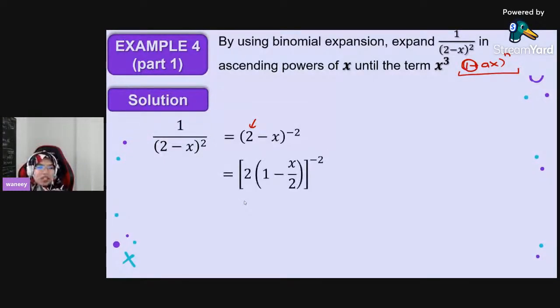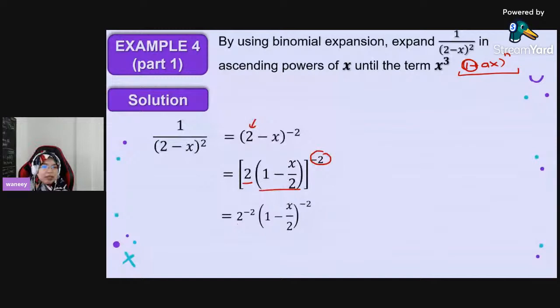Factorizing the 2, we have 2 multiplied with 1 minus x over 2, to the power of negative 2. Make sure you use a big bracket for them. And then for each of these, we should apply the power. So it will become 2 to the power of negative 2, 1 minus x over 2 to the power of negative 2.